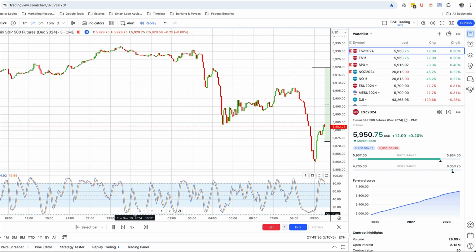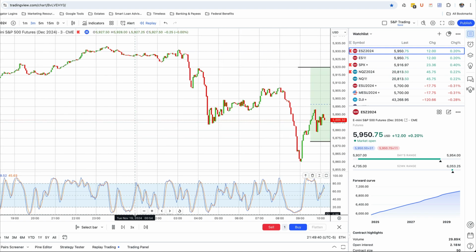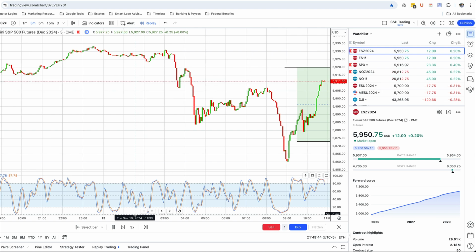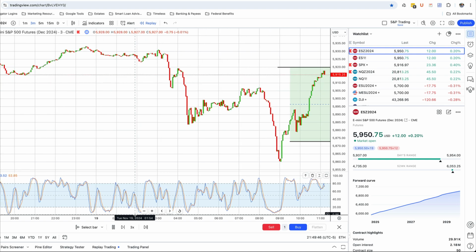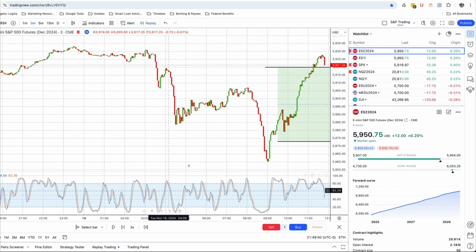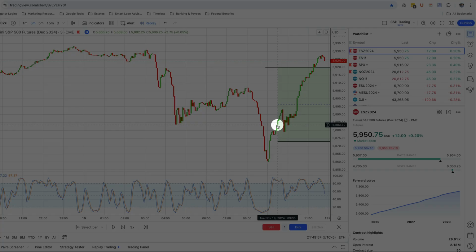The market plunges down to just about the bottom of the trading zone, opens right at just above the support, and then hits our resistance, and I'm going to stop it there. So this is where the market opened up right over here.